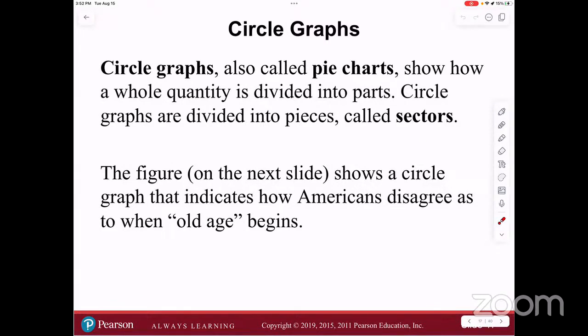Now, personally, I feel like old age begins when it's a combination of mentality and functionality. I don't think it's limited to chronological age. It's like when your mind starts to slow down and your functionality is lessened, right?